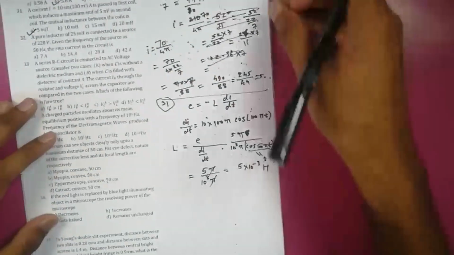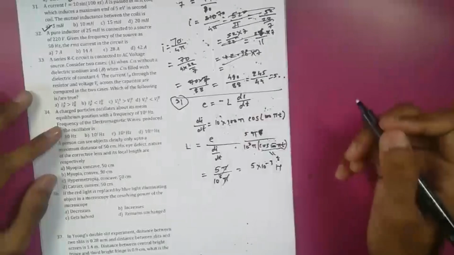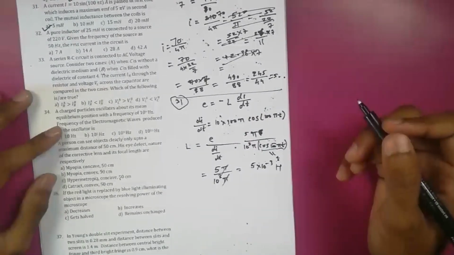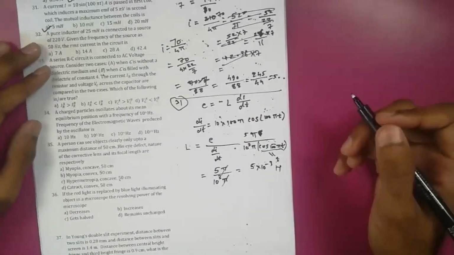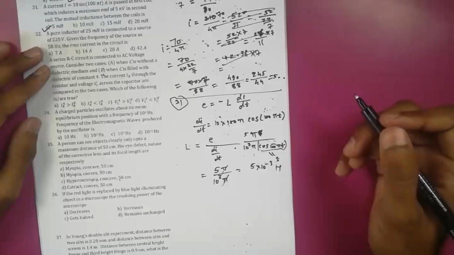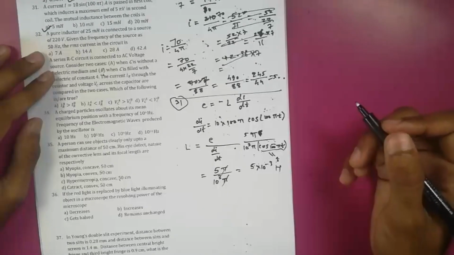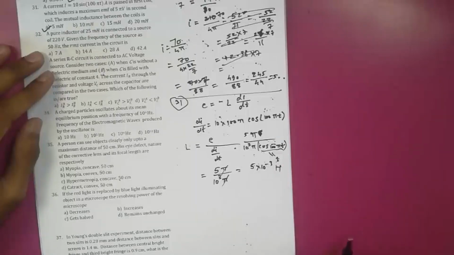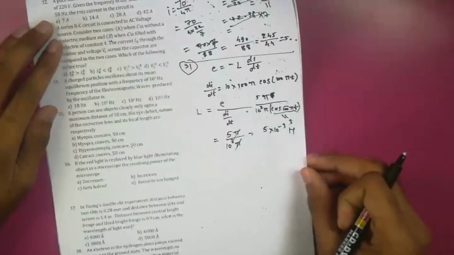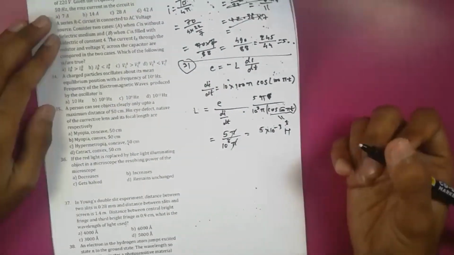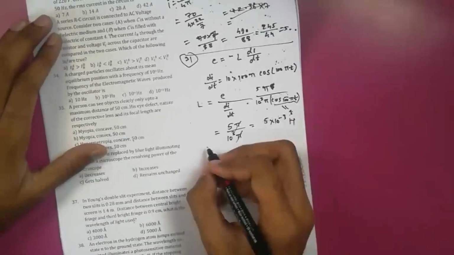Next is, a pure inductor of 25 millihenry is connected to a source of 220 volts. Given the frequency of the source as 50 Hz, the RMS current in the circuit is. So first of all, to find the RMS current, first we need to find the inductive reactance in the circuit. I'll write it down.